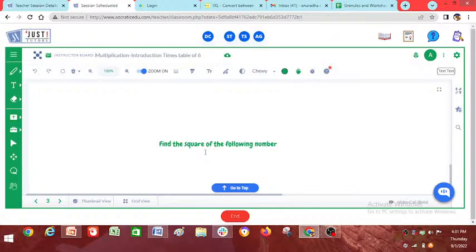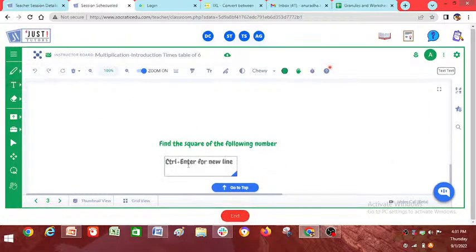So let's start the question and let's see what kind of questions are there in exercise 6.2. So the first one is 32. So let's see 32, how to solve 32. How can we write 32? We can write 32 as 30 plus 2. Then we can just do 32 square.